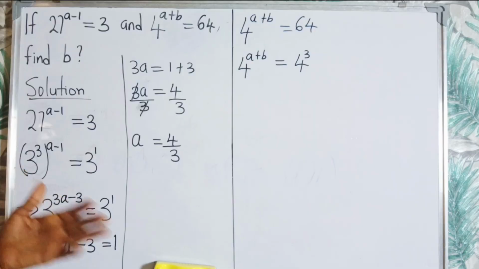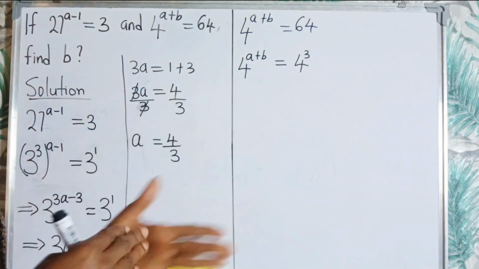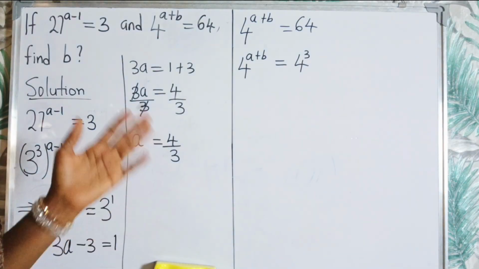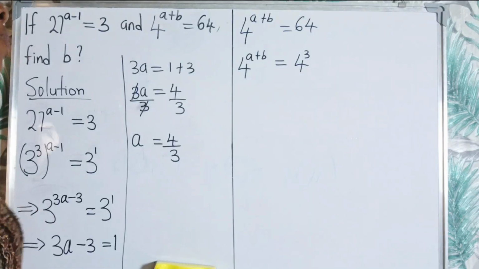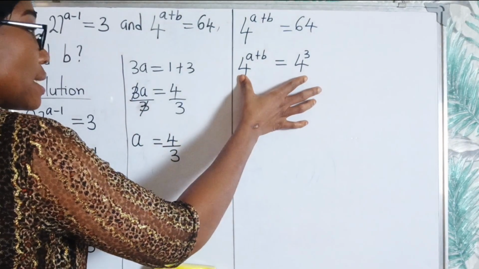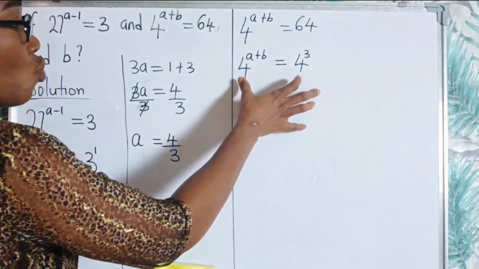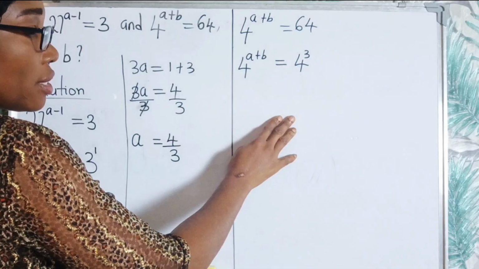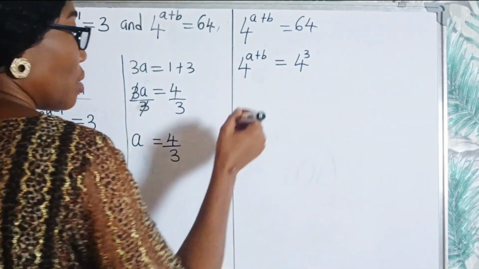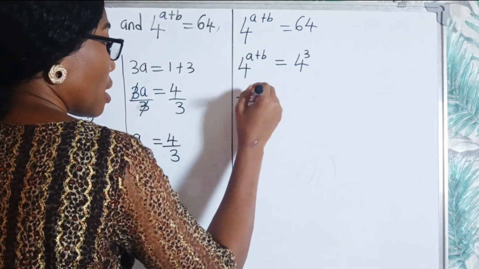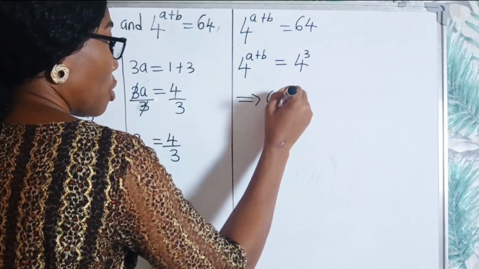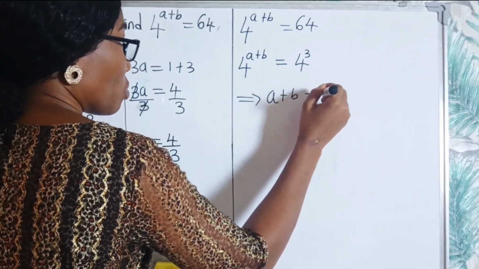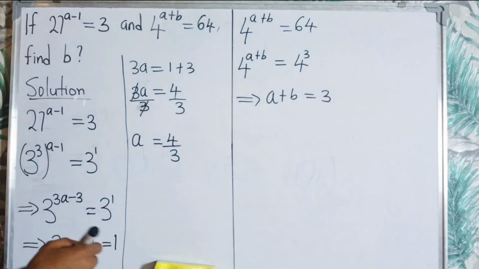Now, 4 raised to power 3 is the same thing as 4 times 4 times 4, which is 64. Now, because the bases are the same, we can equate the powers. So we have a plus b is equal to 3.